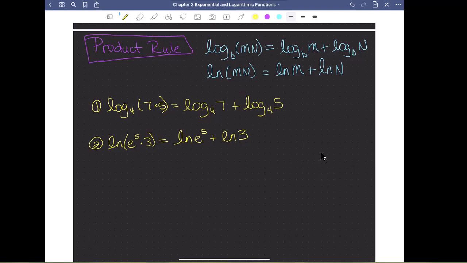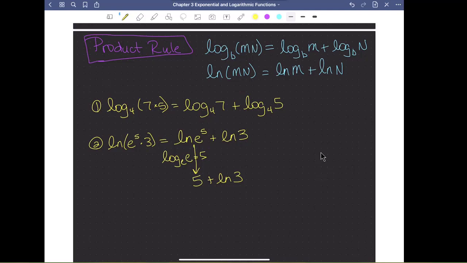And then we could get really fancy because we just learned that if we take the natural log of e to a power, it's always going to be whatever that exponent is, right? So we could technically simplify this down. That would be log base e of e to what exponent? The exponent is 5. So we can simplify this down to 5, and then we have plus the natural log of 3.